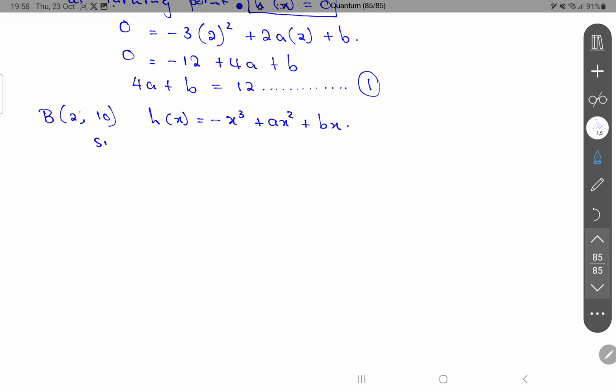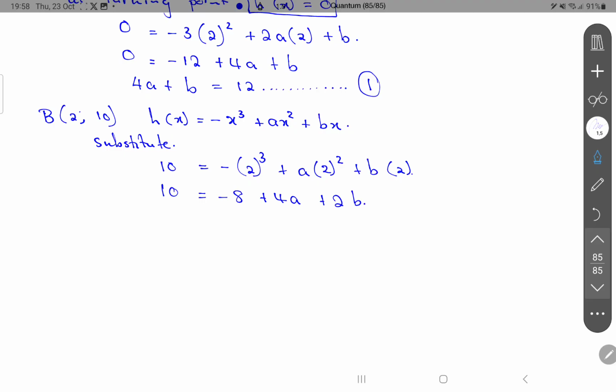So we want to substitute directly for B. We are saying 10 is equal to negative 2 cubed plus a times 2 squared plus b times 2. So 10 is equal to negative 8 plus 4a plus 2b. In other words, 18 is equal to 4a plus 2b.